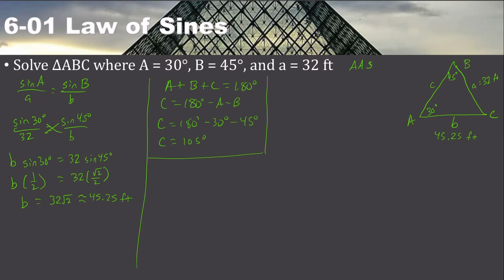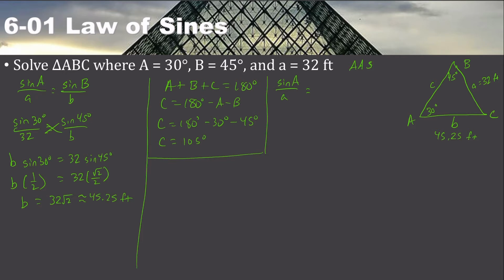And now that I know angle C, we can find side c. Now, we could use either the A's or the B's. I'm going to use the A's because I know them exactly and they were given to us. Just in case I made a mistake in calculating side b, I'm going to use the numbers they gave us if at all possible.